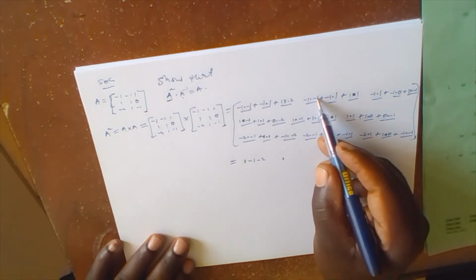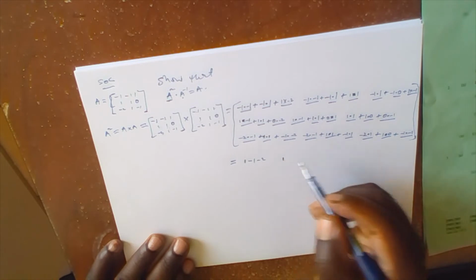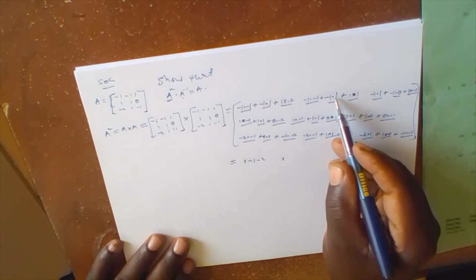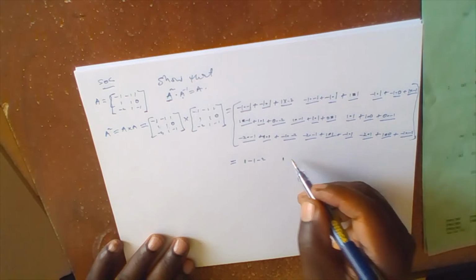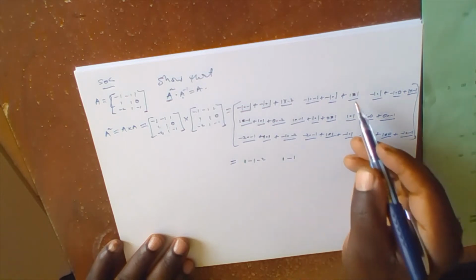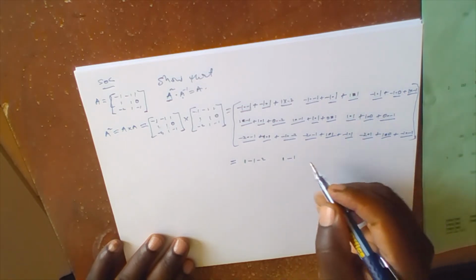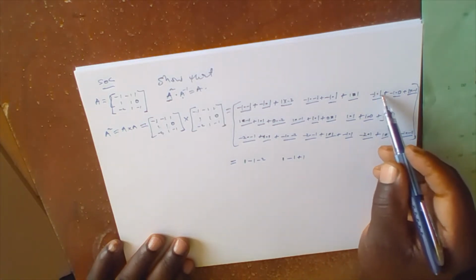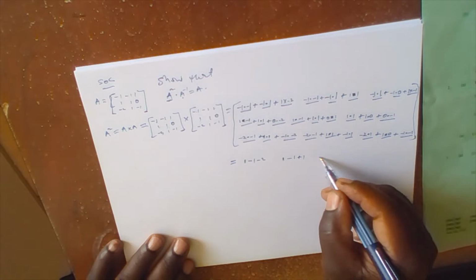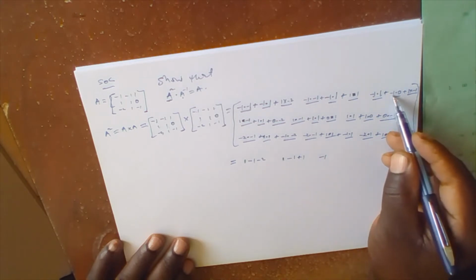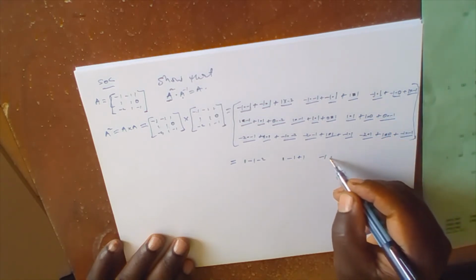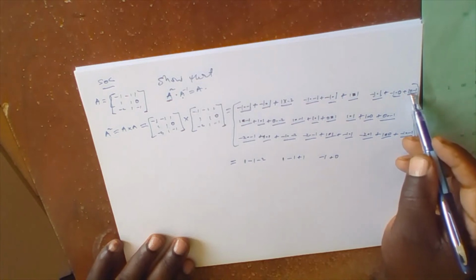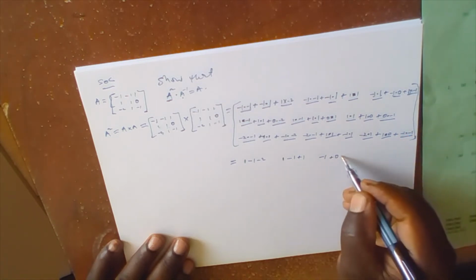Negative 1 times negative 1, so we have 1. Then negative 1 times 1, minus 1. Then 1 times 1, plus 1. Then negative 1 times 1, negative 1. Negative 1 times 0, plus 0. Negative 1 times negative 1, minus 1.